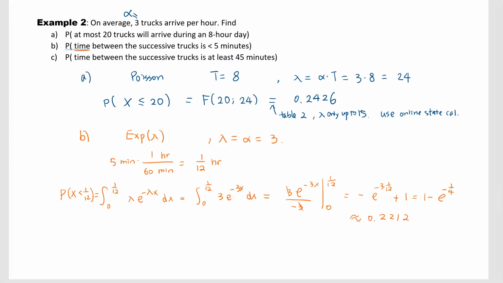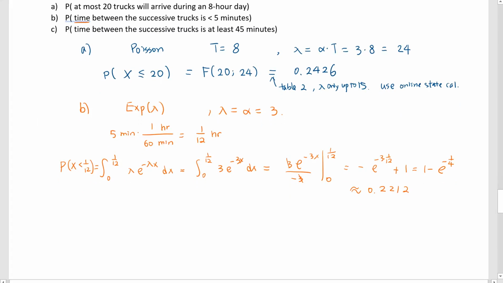How about part C? The time between successive trucks is at least 45 minutes. It's still about time, so we have the exponential distribution, and lambda is the same, because lambda is alpha and always the same for the exponential distribution.